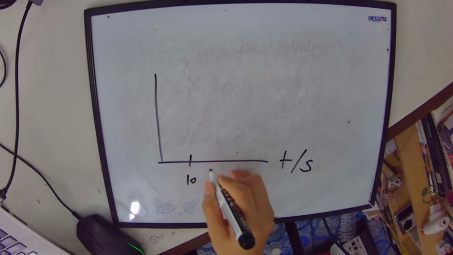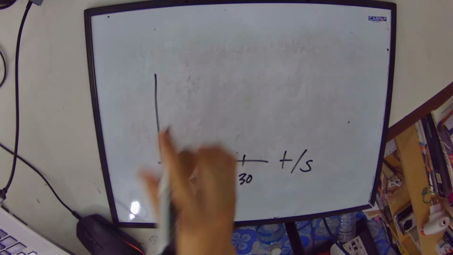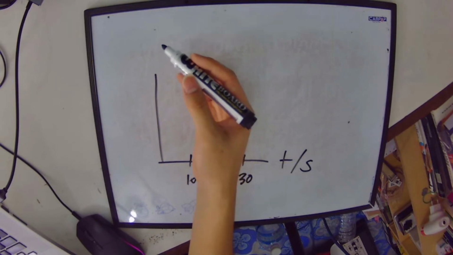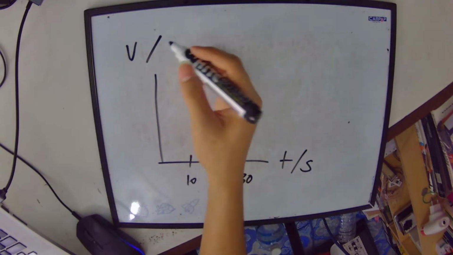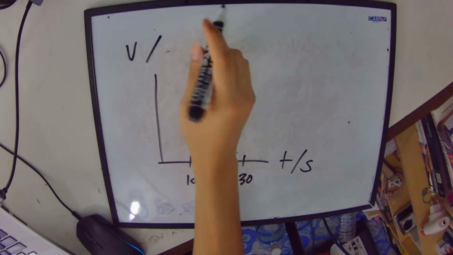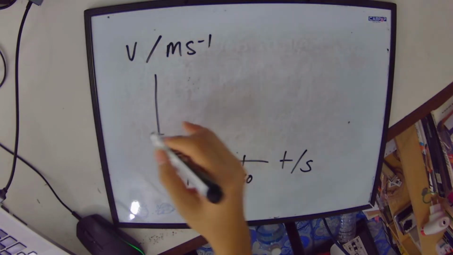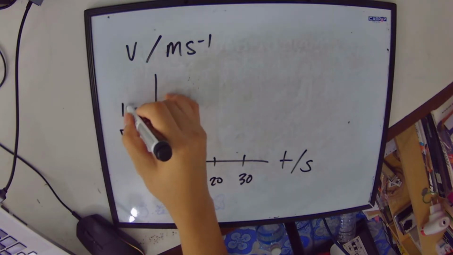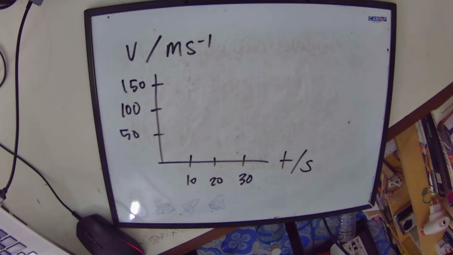So, you might have 10, 20, and 30 seconds. And your y, they may replace with something like speed or velocity. So, velocity, which we calculate as meters per second. So 50, 100, and 150.